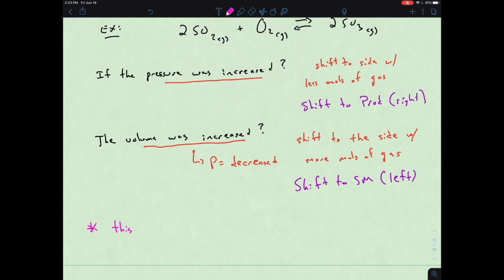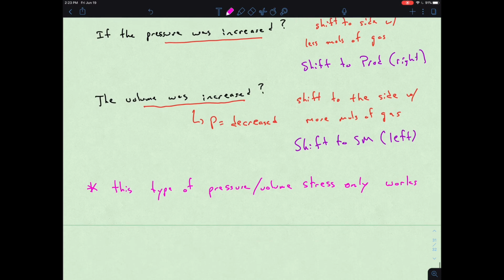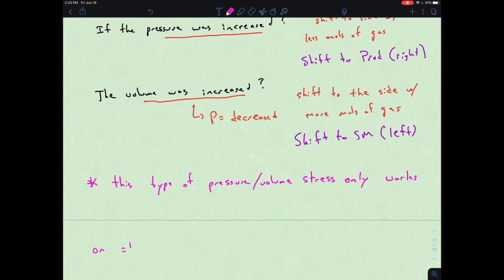And so we have to keep in mind that this type of pressure volume stress only works on equilibrium reactions that contain gases.